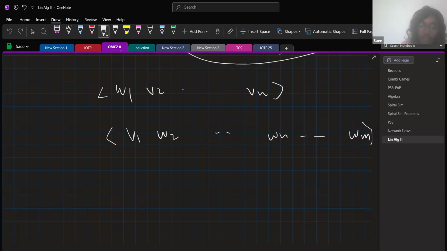Maybe somebody else wants to say: why can we swap two elements and have both of the things still be a basis?